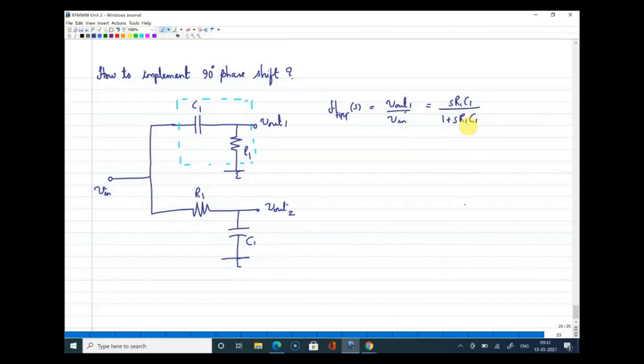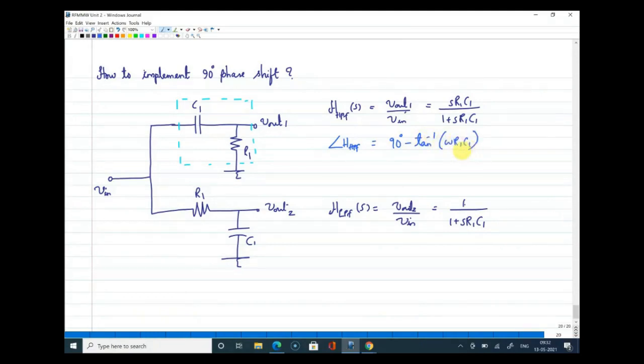Similarly, the lower arm is a low pass transfer function. So if I write that low pass filter, V out 2 by V in is equal to 1 by 1 plus S R1 C1. All right. So we want to know what is the phase shift between these two arms. So let me write the angle of this function. The numerator is 90 and denominator is minus tan inverse omega R1 C1, which is the angle of the first arm, the upper arm.